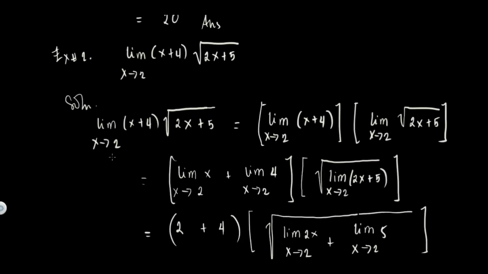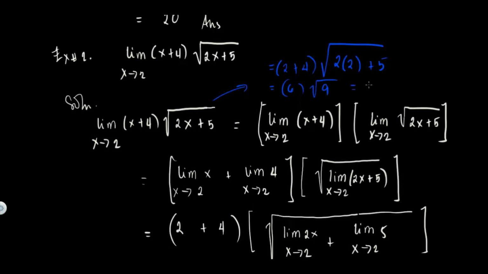Here, from the limit of x plus 4 times the square root of 2x plus 5 as x approaches 2, pwede yan ng, lagyan natin ito, equal to, just plug in the 2 dun sa mga x. So 2 plus 4 times the square root of 2 times 2 plus 5 equals 6 times square root of 9.